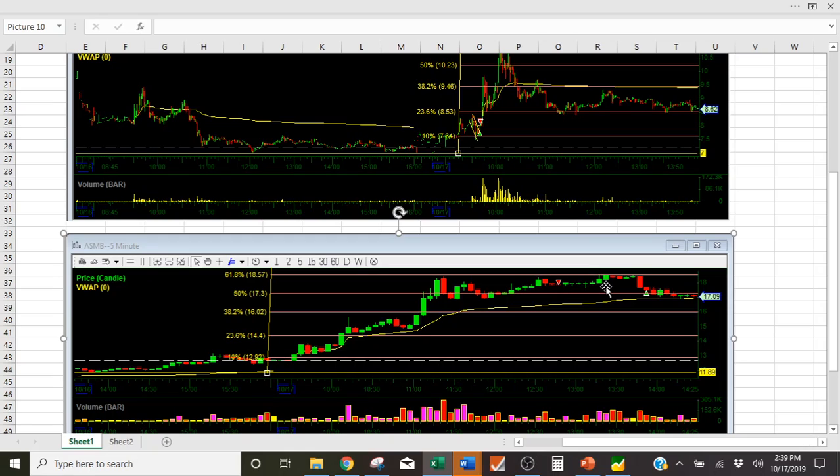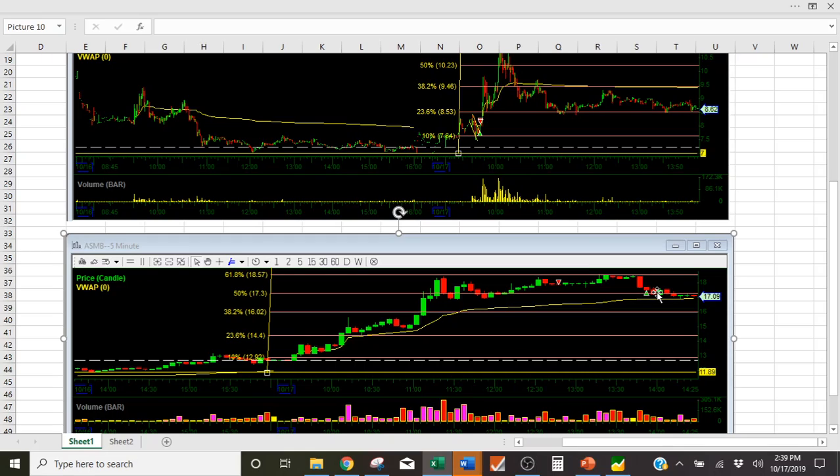I was watching it because I felt that it probably was not going to go past fib, but I was still watching it, and my assumption was right. It kept hitting it, and then it just failed, and I came out on the next fib line.